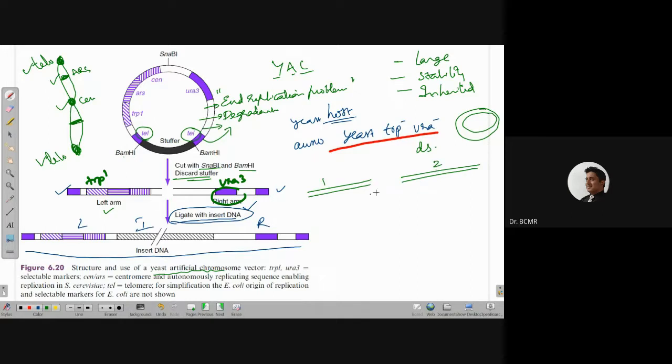What will prevent these two from being repaired by double strand break repair or non-homologous end joining to make a fused chromosome like this? Because we have telomeres, that will prevent this recombination of these chromosomes. Okay, so that is why we need to have telomeres, and we should know.